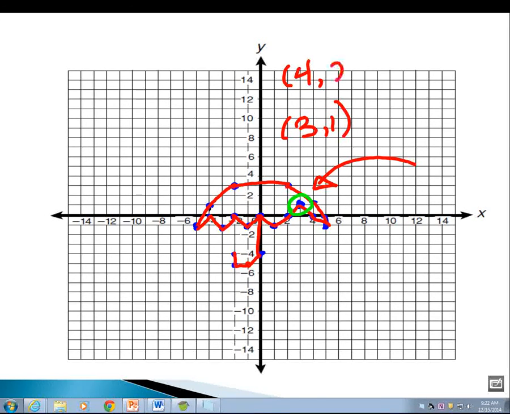So is there one that goes 4, 0 and then 3, 1? Ah, 3, negative 1. Yep, we found it. There we go.